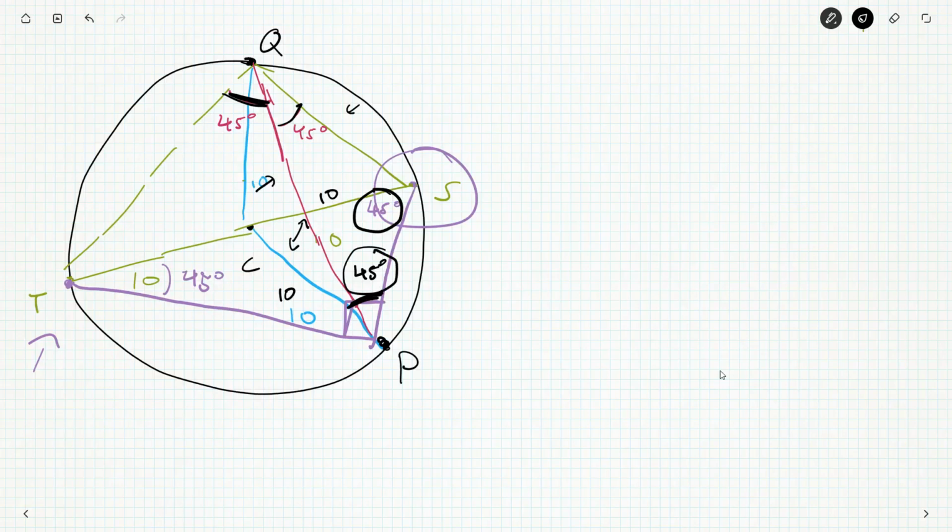Does that help me? I don't know. But that would make this also 45. Which, of course, yeah, because there's another isosceles triangle there. So its CP is 45.